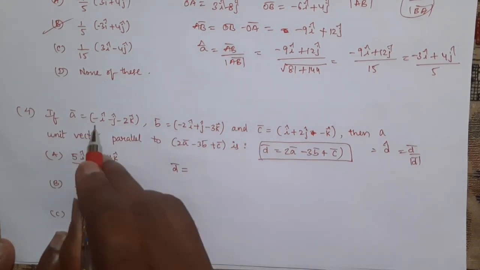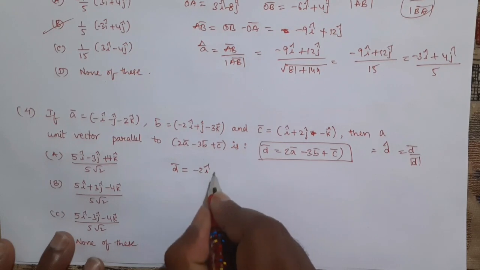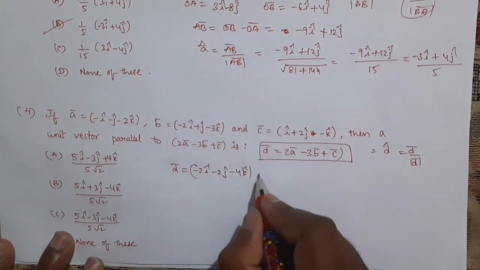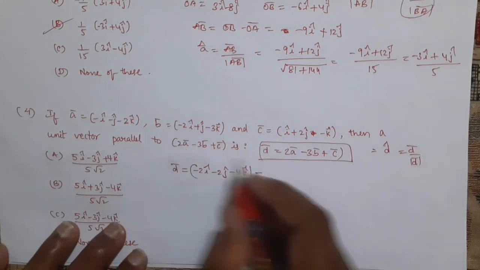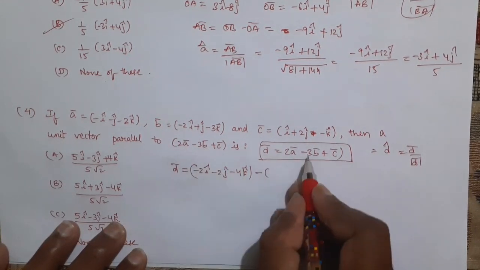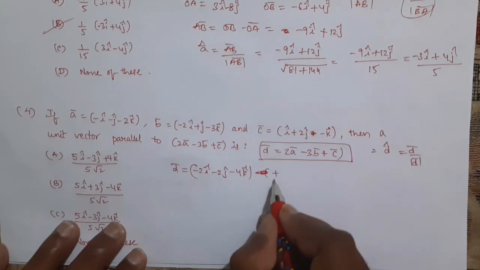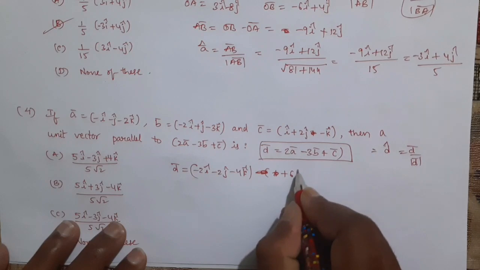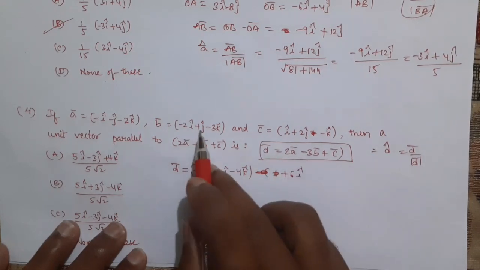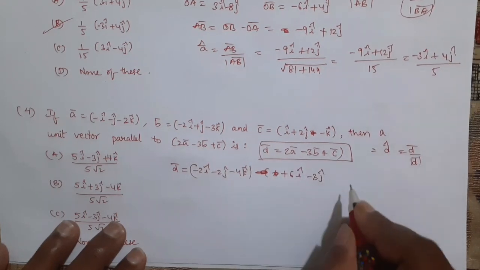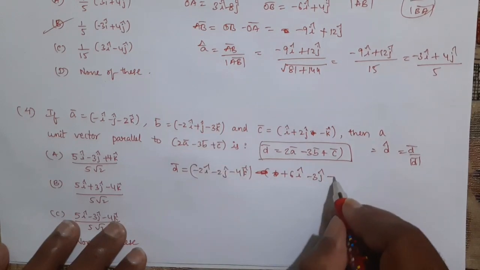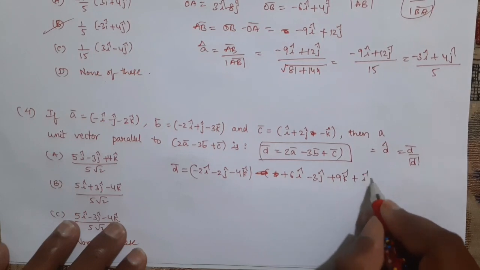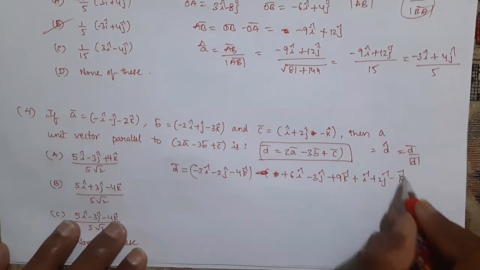2 times a bar means minus 2 i cap minus 2 j cap minus 4 k cap. Minus 3 times b bar, directly we will do. Minus 3 into minus 2 is plus 6 i cap, and then minus 3 into 1 is minus 3 j cap, minus 3 into minus 3 is plus 9 k cap, and then c bar, which is i cap plus 2 j cap minus k cap.